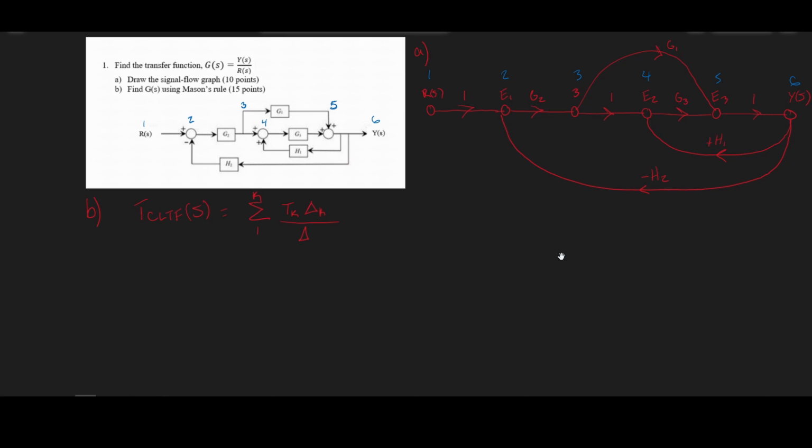Here the delta K's are going to be equal to 1, so delta 1 is equal to delta 2 is equal to 1.